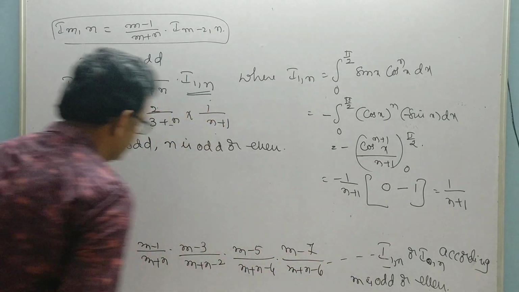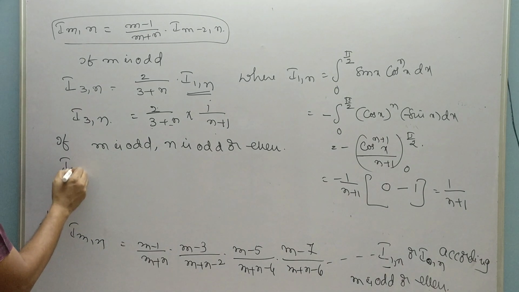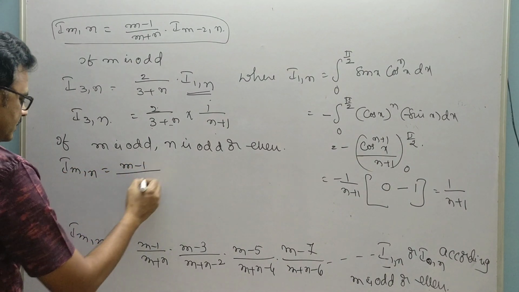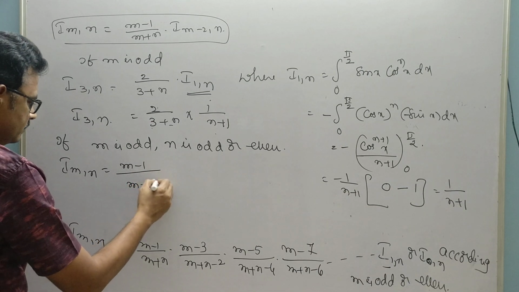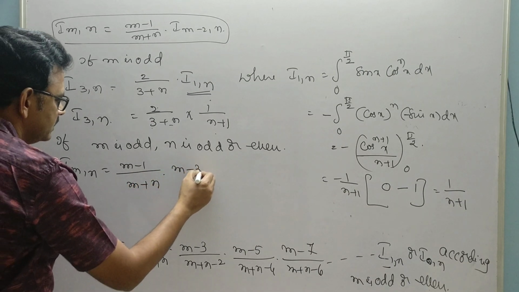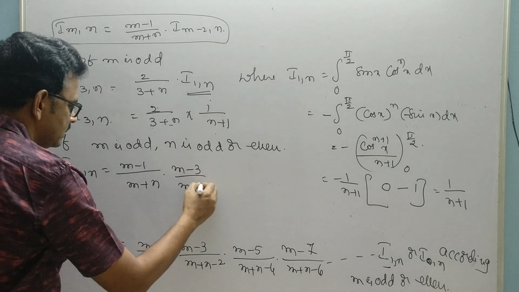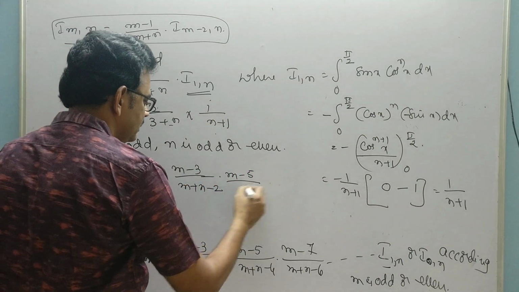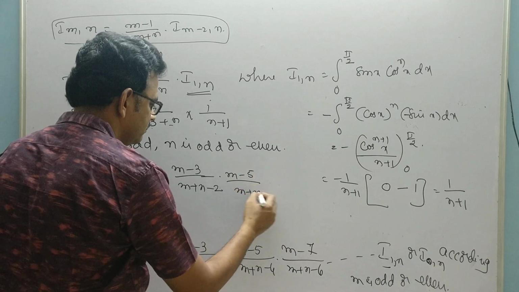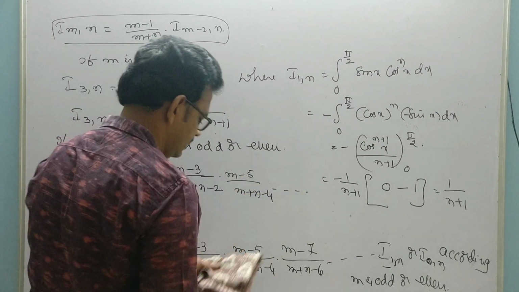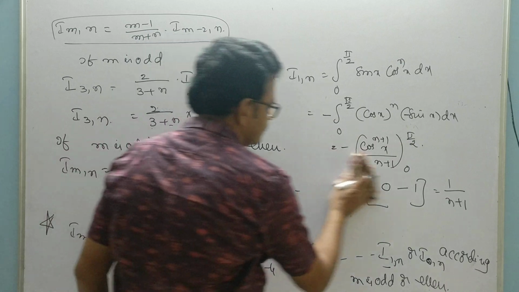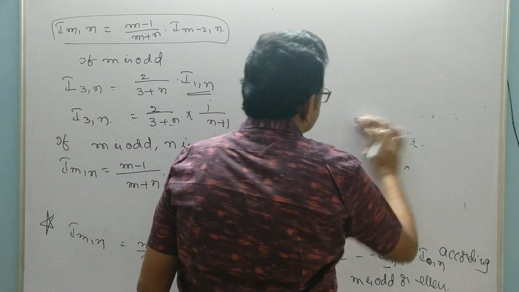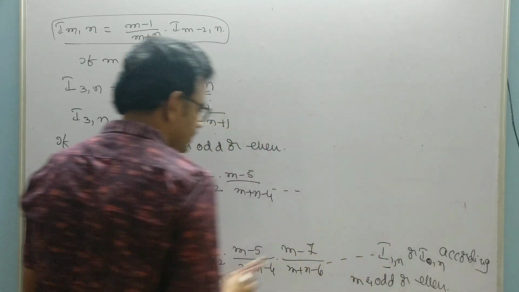Finally, you are getting, therefore, I(m, n) is equal to (m−1)/(m+n) into (m−3)/(m+n−2) into (m−5)/(m+n−4) and so on.